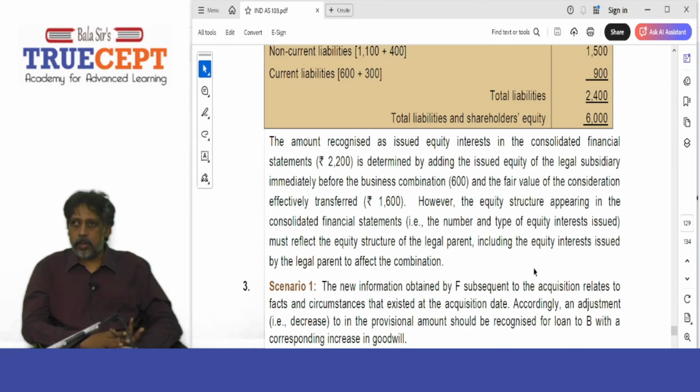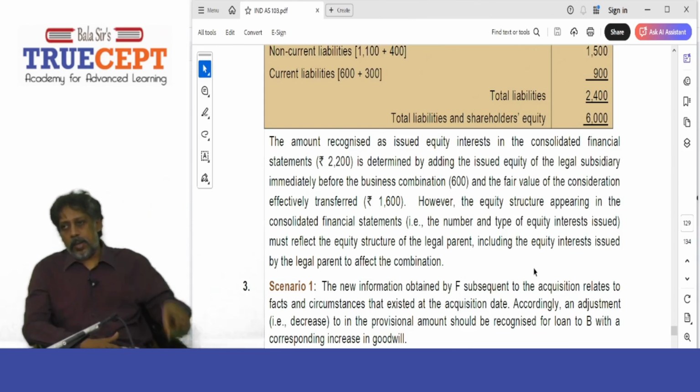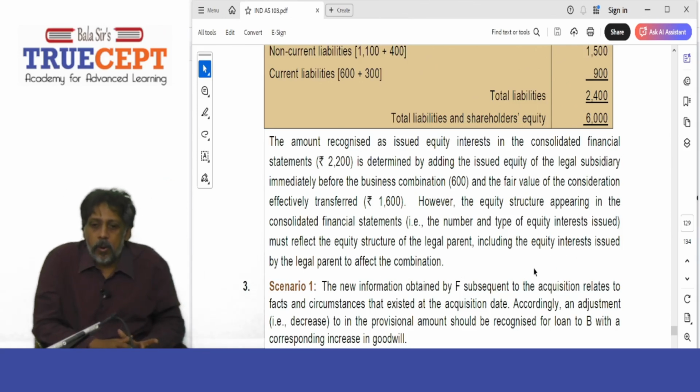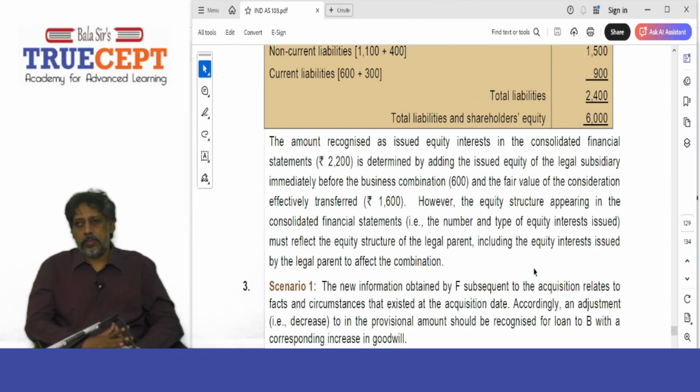However, the equity structure appearing in the consolidated financial statements, that is the number and the type of the equity interest issued, must reflect the equity structure of the legal parent. That is all. Now, please go ahead and complete the balance sheet. Write a note on this particular balance sheet dedicated to para B22 of Ind AS 103. Pause.